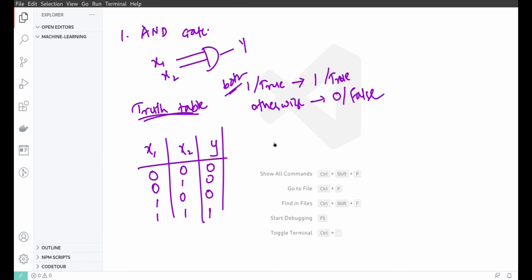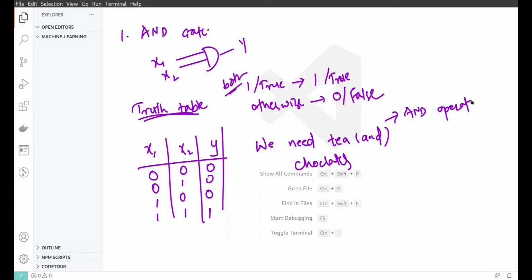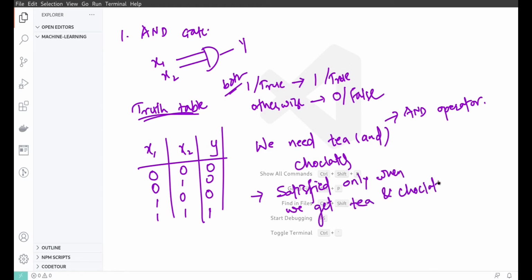We can see it by looking at a simple English sentence also. Let us say we need tea and chocolates. In this case, the word "and" we try to use as the AND operator or AND gate. Now when we demand such a thing, we are satisfied only when we get tea and chocolates both.